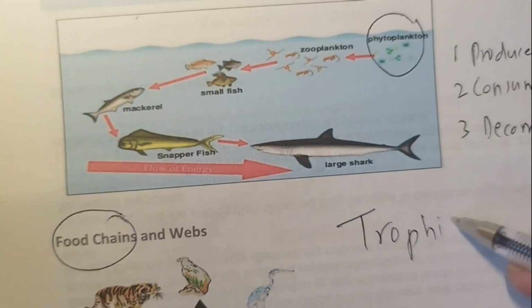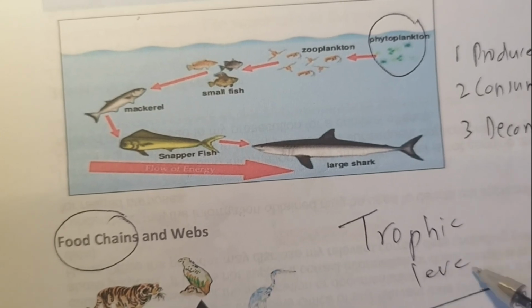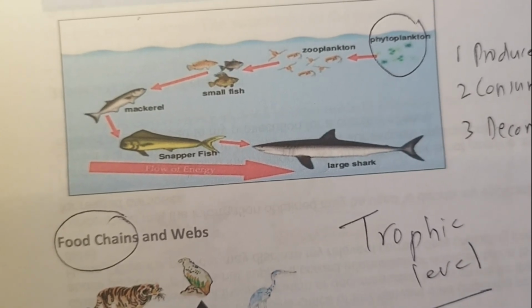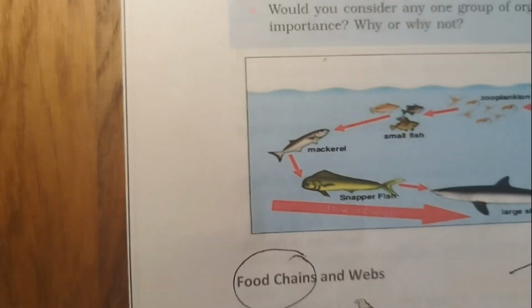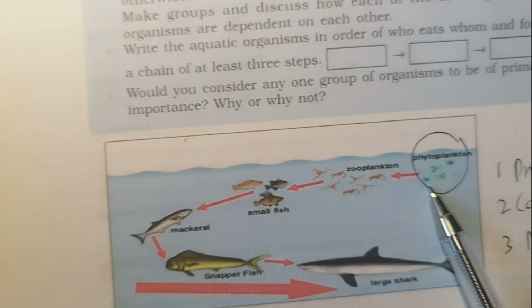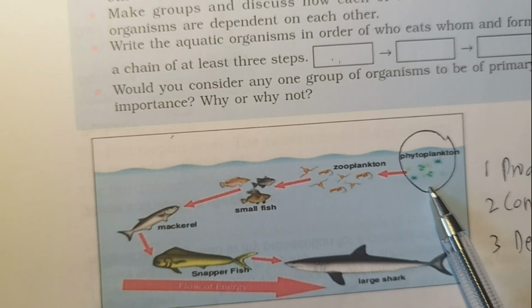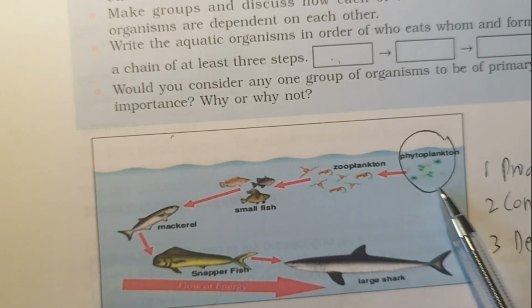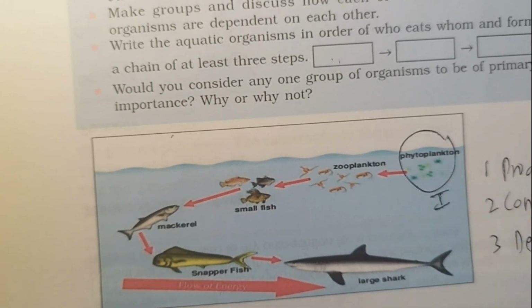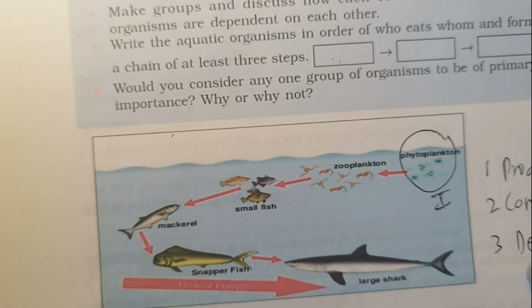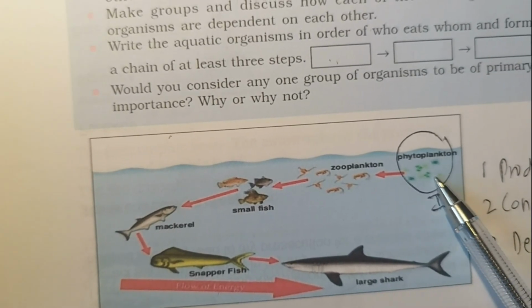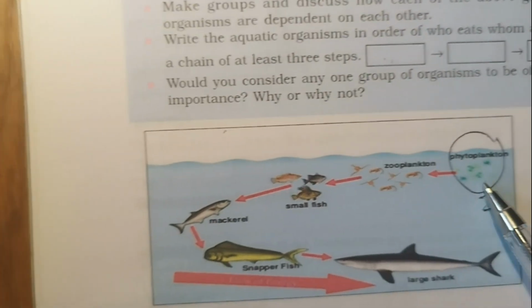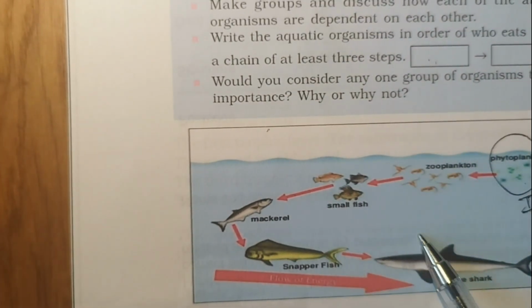Each step or level of the food chain forms a trophic level, okay? Each step is called a trophic level. The autotrophs, that produce their own food, or the producers, are the first trophic level. They fix the solar energy and make it available for heterotrophs, that is consumers.